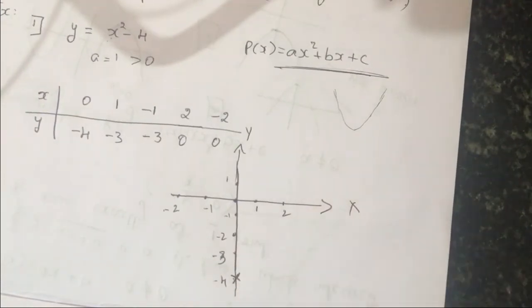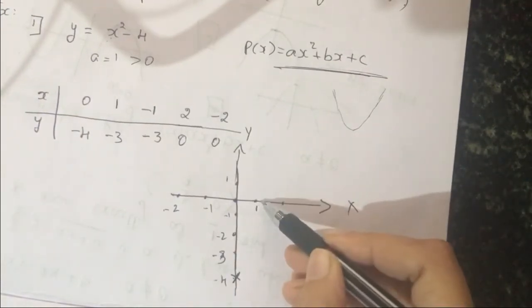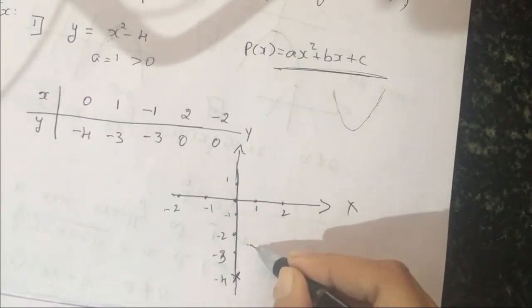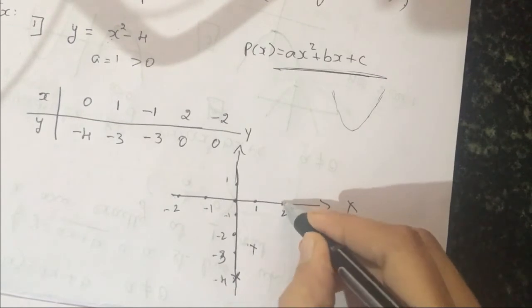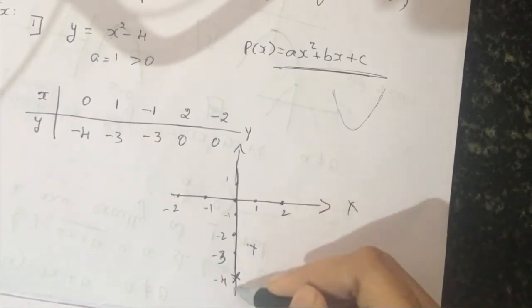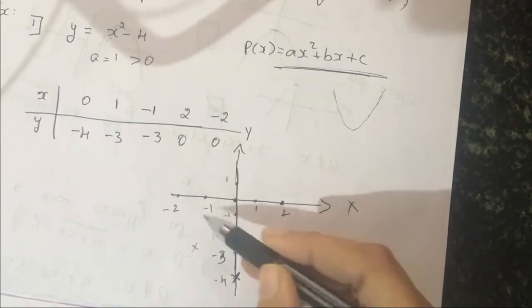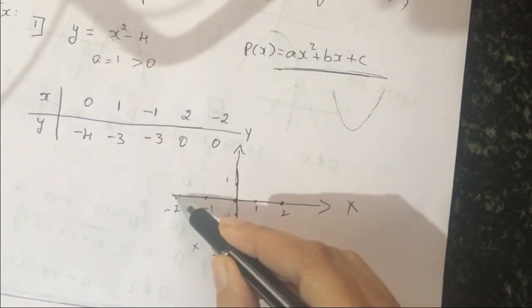So the point is here. When x is 1, it is minus 3. And when x is 2, it is 0. When x is minus 1, it is again minus 3. And when x is minus 2, it is 0.